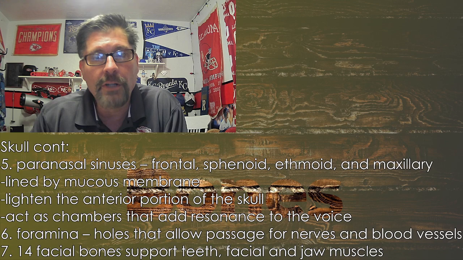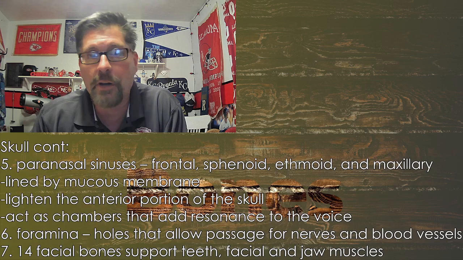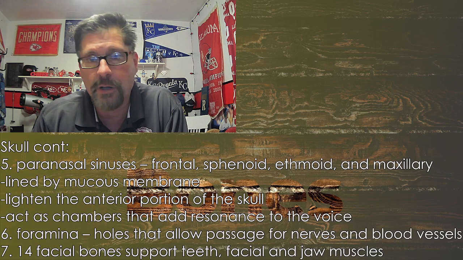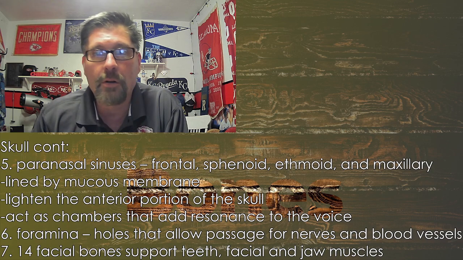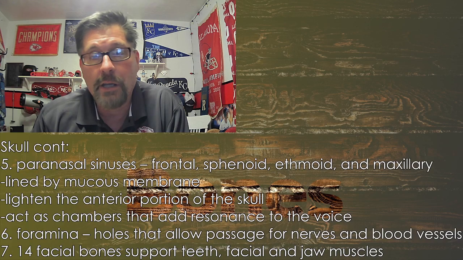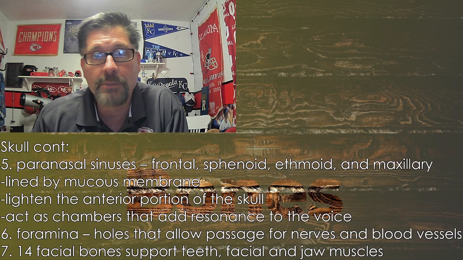One of the things that I didn't mention, and I should have, when we were looking at the general structures of the skull, is foramens, or in this case you can see on the screen foramen, if there's a plural. Those are also small holes, just like an orbit and a cavity.